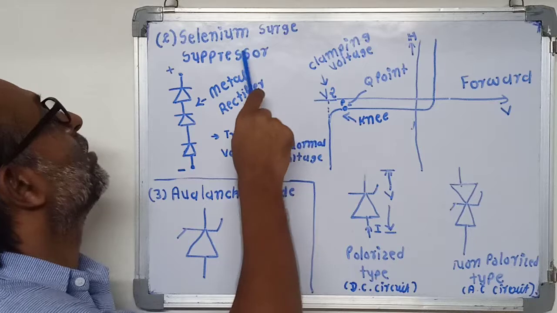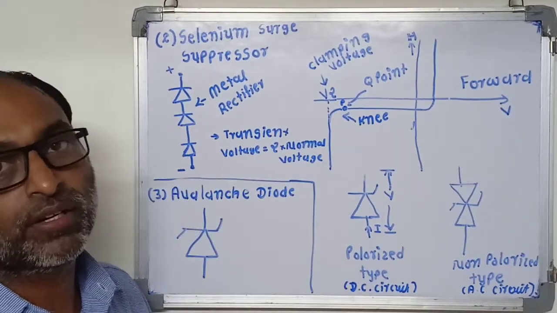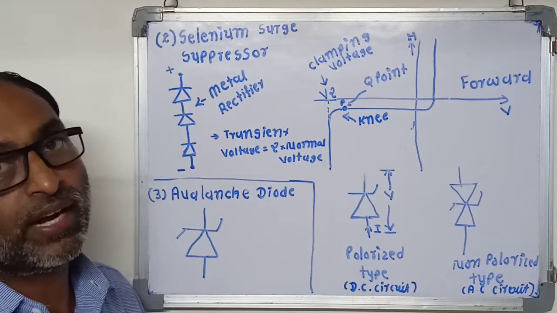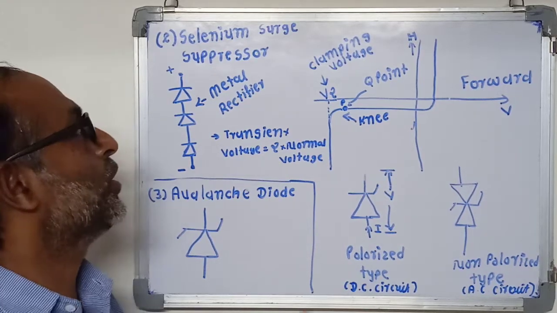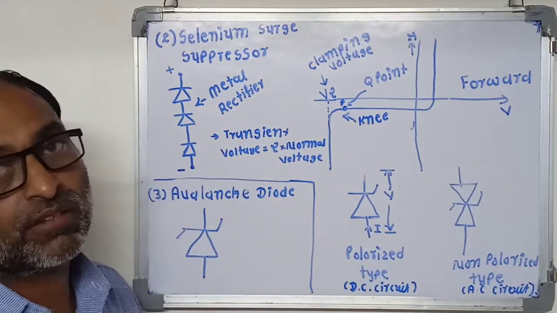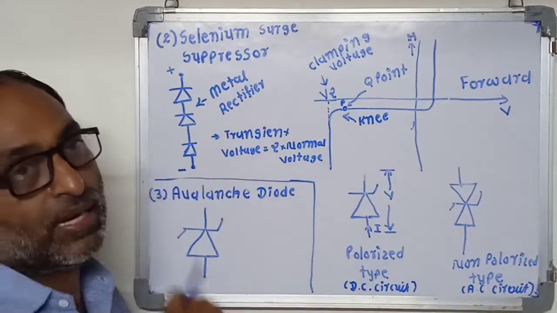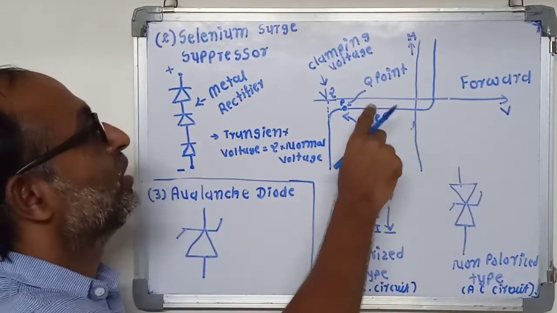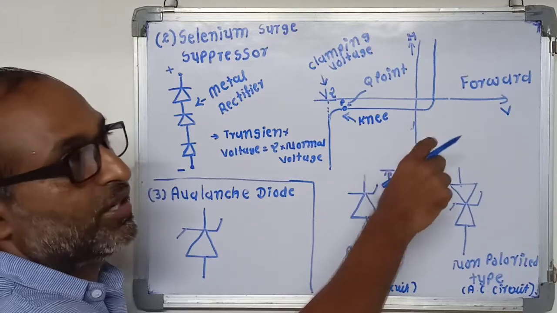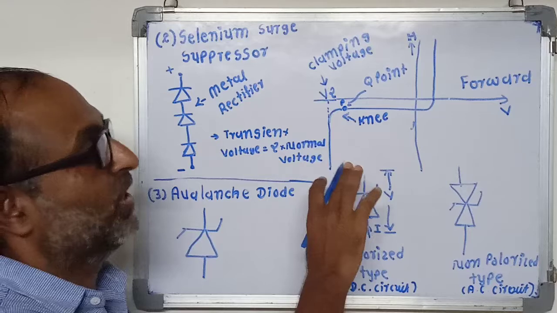Second, selenium surge suppressor. The selenium metal rectifier was used for rectification in the past, but nowadays it is not used for rectification, but as a surge suppressor. The forward breakdown voltage of the metal to selenium junction is low, but the reverse breakdown voltage is high.